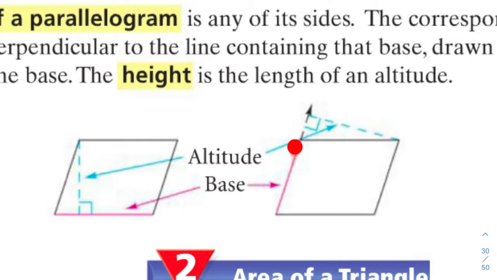Here you see this base with an altitude on the outside. Remember, you could have 4 unique bases for unique altitudes. What you'll notice is that they're actually not unique. 2 of them will be the same as the other ones, in a parallelogram at least. In a triangle, there could be 3 unique altitudes and 3 unique sides called bases if it's scalene.